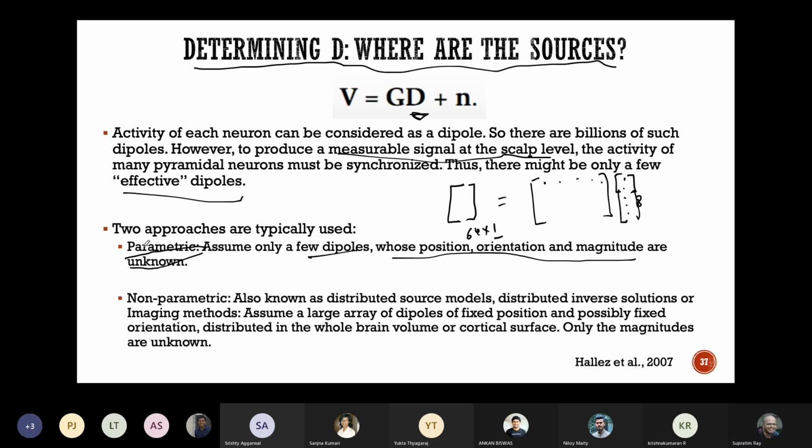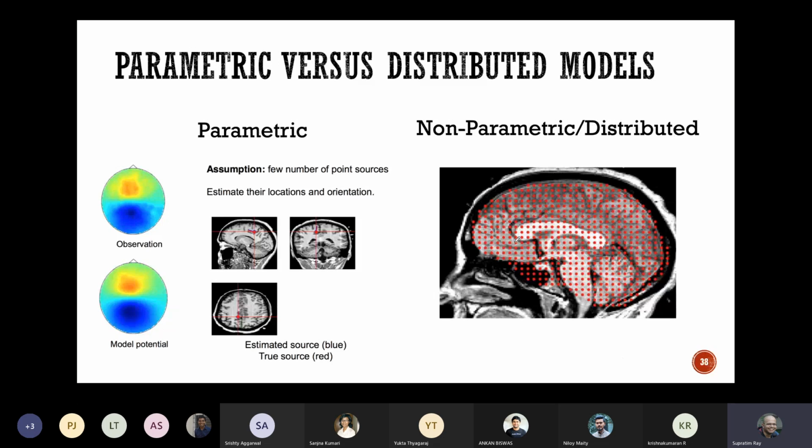But before getting to that, I'll tell you about a non-parametric approach also, which is very popular, in which you have a bunch of dipoles that are fixed in position and fixed in orientation as well, like this.